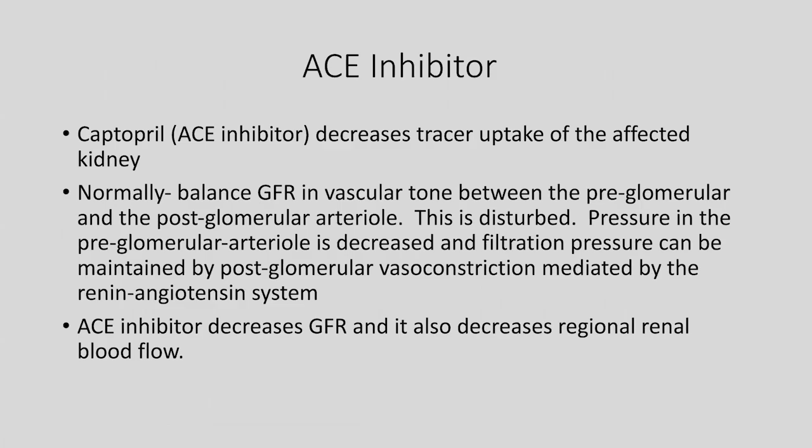We also use ACE inhibitors, captopril, which decreases the tracer uptake of the affected kidney. Normally, the balance of the GFR in vascular tone between the preglomerular and the postglomerular arteriole is disturbed in renal hypertension, and pressure in the preglomerular arteriole is decreased, and filtration pressure can be maintained by postglomerular vasoconstriction mediated by the renin angiotensin system.